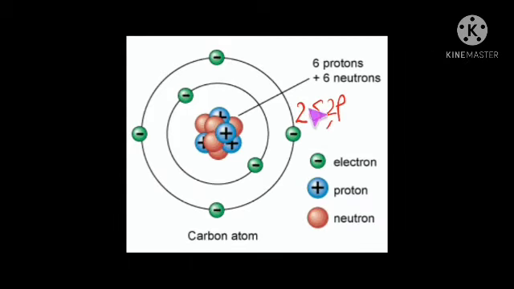This second energy level has one s orbital and one p orbital. The s orbital contains two electrons. The s orbital looks like this, and the p orbital looks like this.